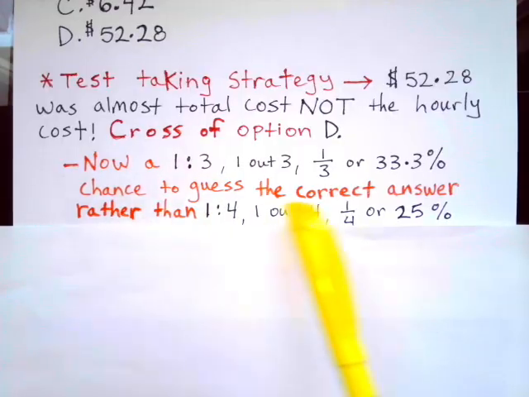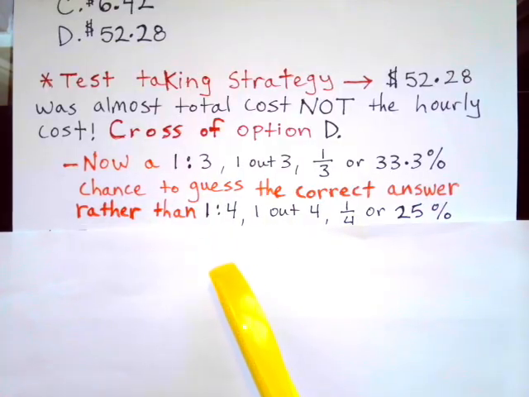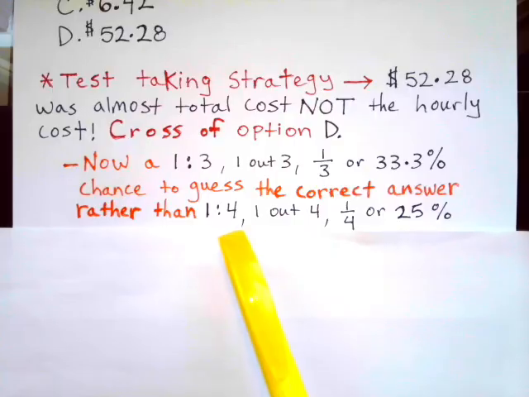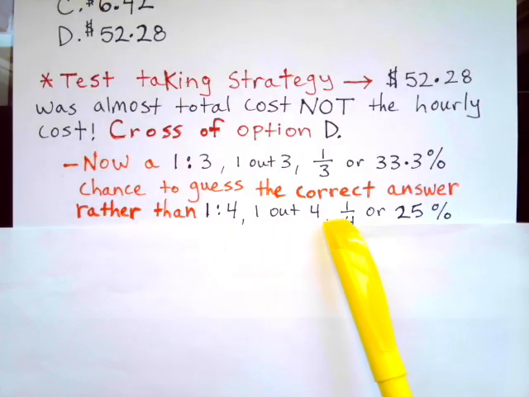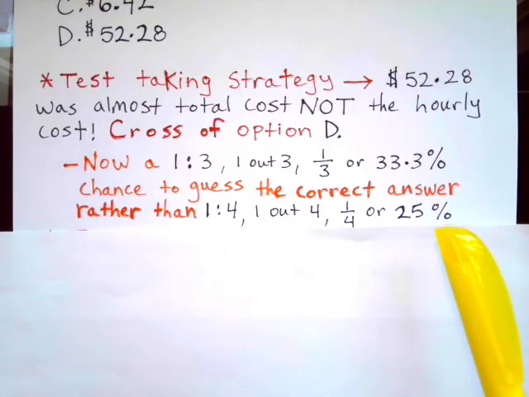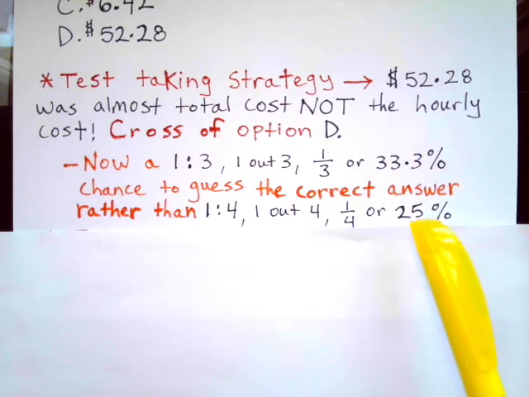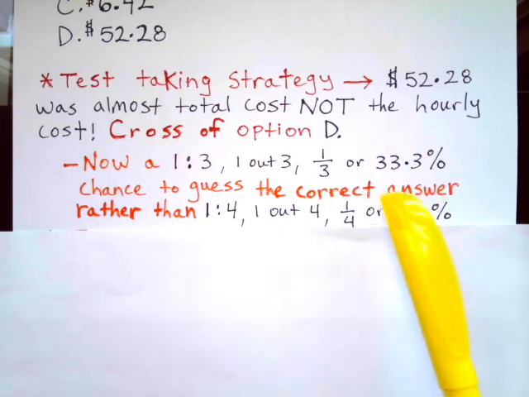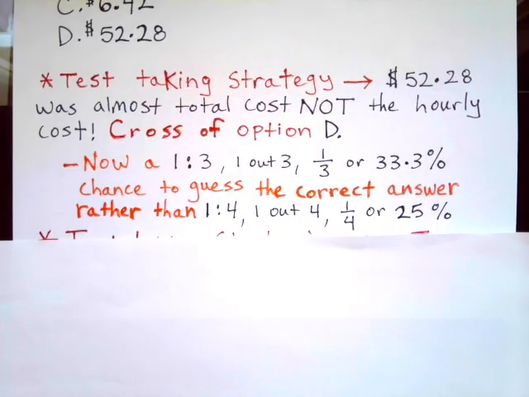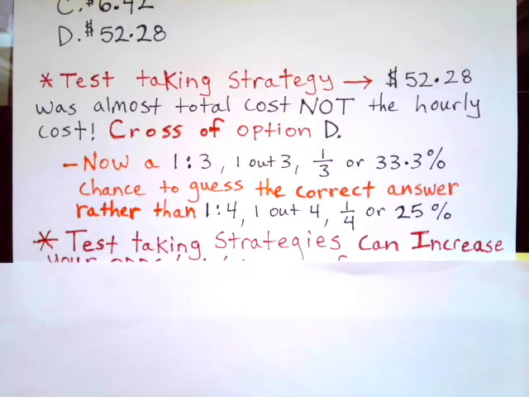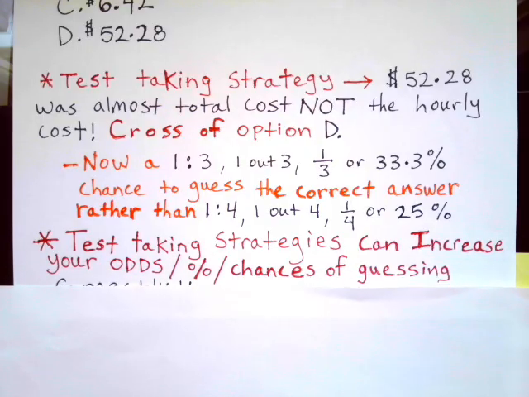If you didn't use the test taking strategy, you had 1 out of 4 options to guess from, which is 1/4 or 25%. So you increase your chances by almost 10% by using these test taking strategies. It's going to be super helpful for those problems that you don't know how to answer and maybe you're going to guess. Test taking strategies can increase your odds of guessing the answer correctly.